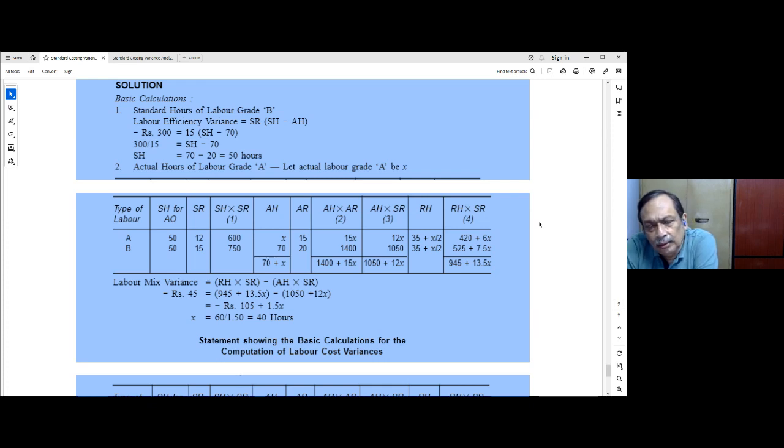So whatever is known to us, we are jotting down in the table, and whatever is unknown, we are going to write as X. So obviously, under type of labor, we are going to write A. Standard hours for actual output, 50 given, standard rate 12 given.